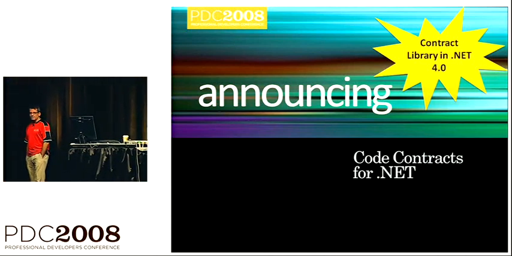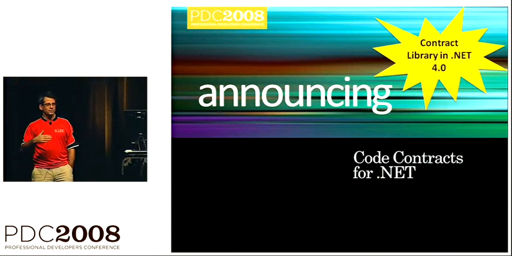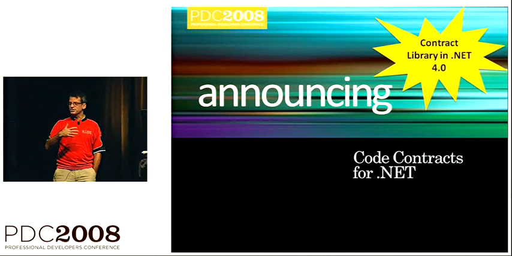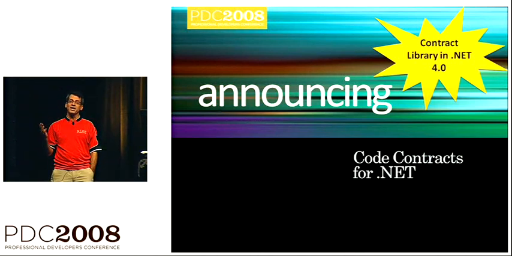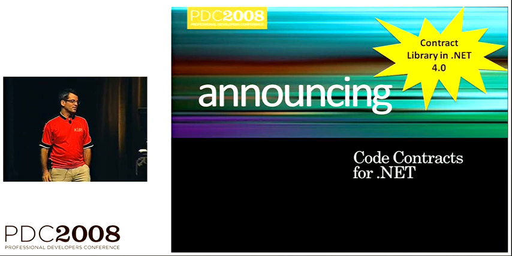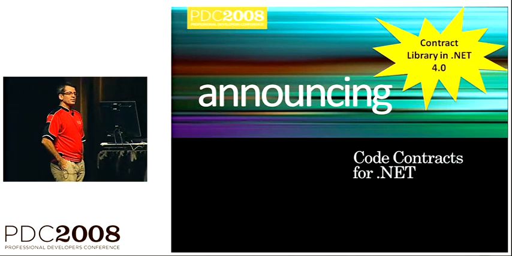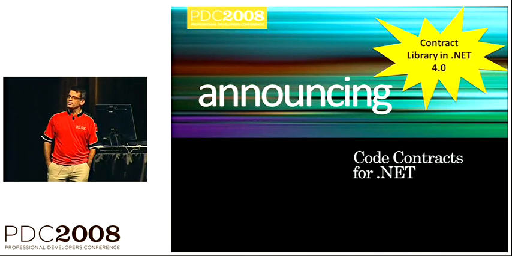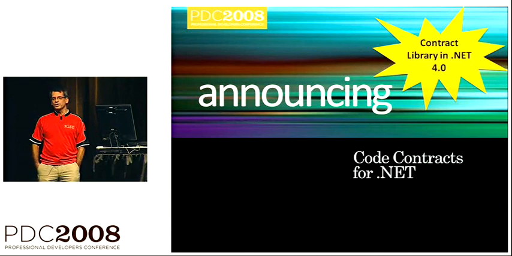One thing we learned in doing Spec Sharp is that it's very difficult to produce a new language that's of broad use. The great thing about .NET is that if you provide a library solution instead of a language solution, then immediately everybody using any language in .NET can take advantage of it. What we're going to be shipping in .NET 4.0 is a contract library that will give you a language-independent way to express contracts.